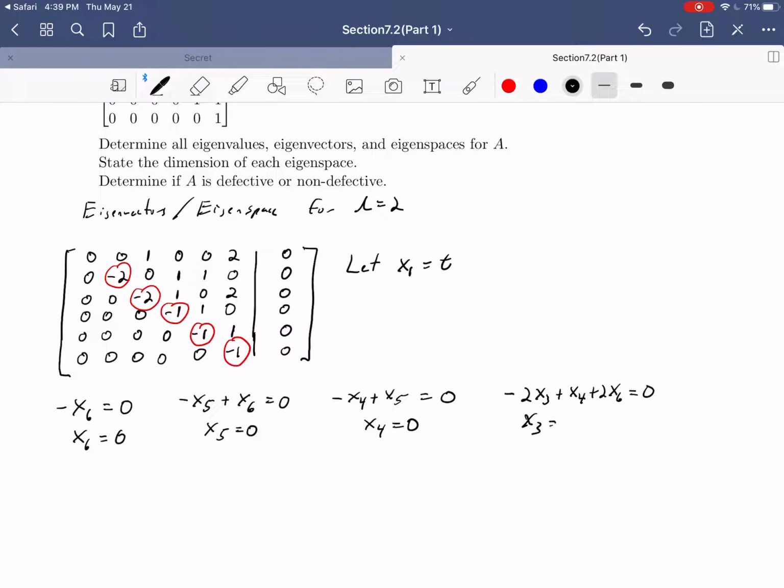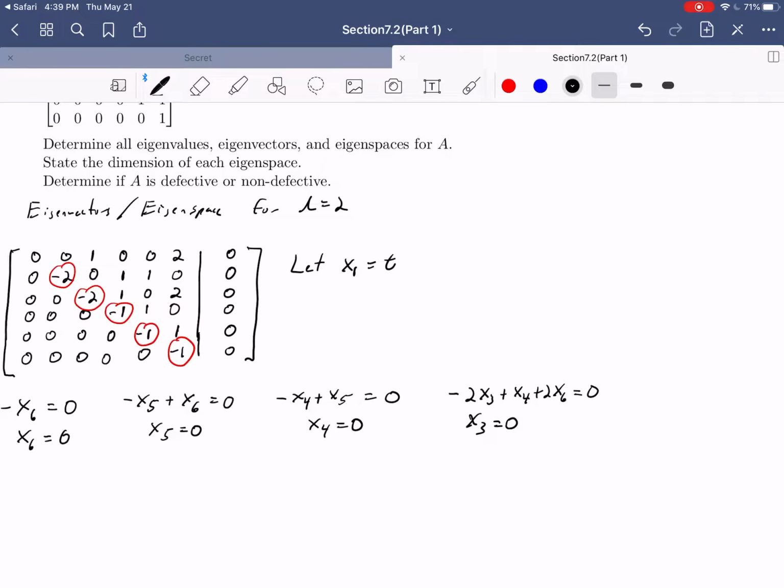Hopefully we can see the pattern here. And then finally, in the last equation, we have negative 2x2 plus x4 plus x5 is equal to 0. Since everything else is already 0 there, we know that x2 is also going to be equal to 0.